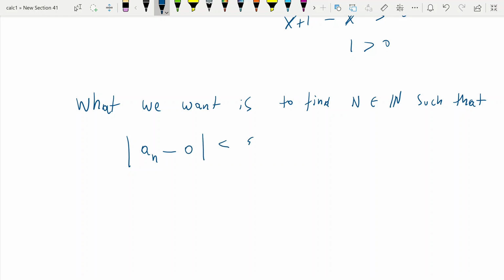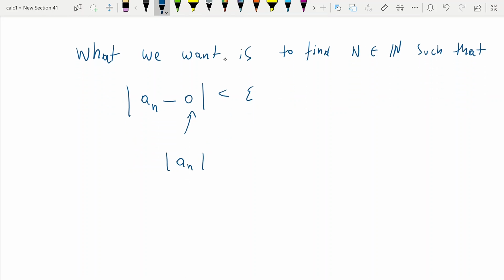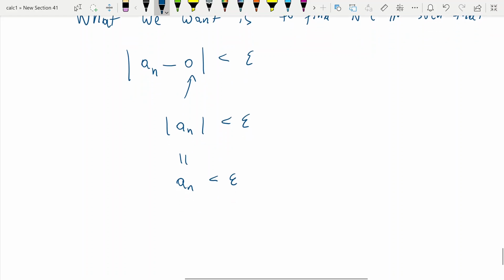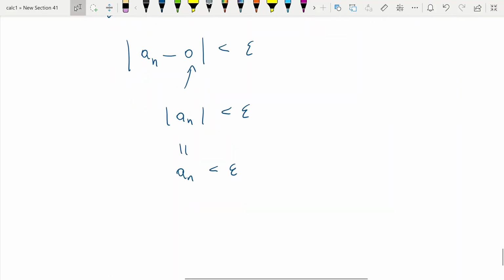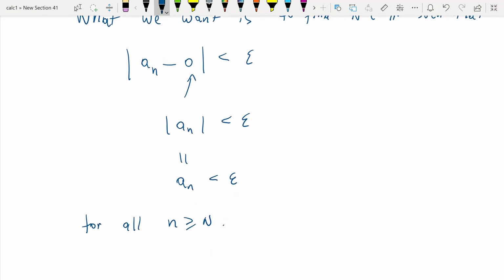This is what we're trying to show, that the limit here is 0. But all the a sub n's are positive, so this is equal to a sub n, in this case. So we want to find a value of N such that a sub n is less than epsilon for all n greater than or equal to this capital N that we're supposed to find.